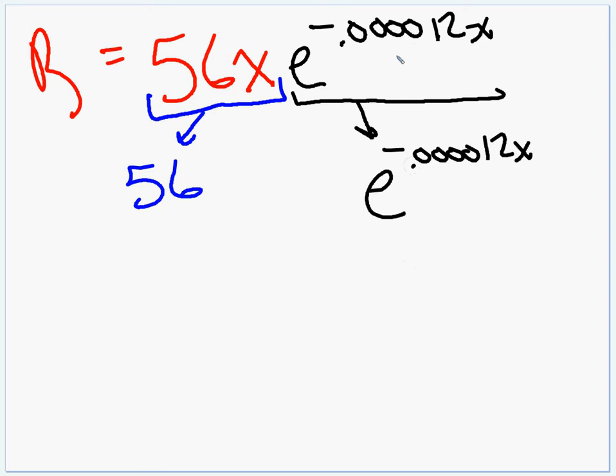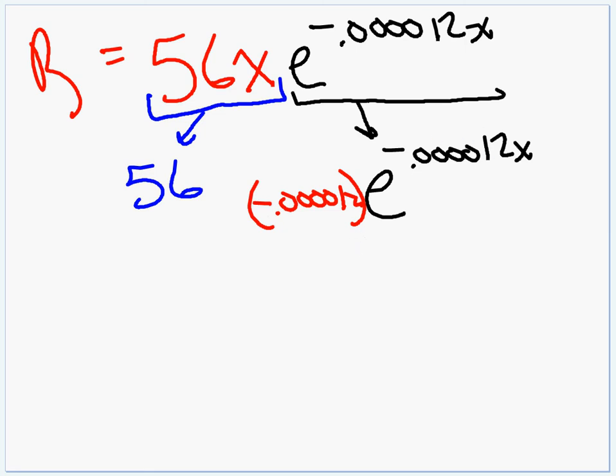We are going to need to do chain rule. We need to derive the inner function. So if we derive this exponent, the x just derives off. So here at the front, we're going to need to multiply that by negative 0.0000012.